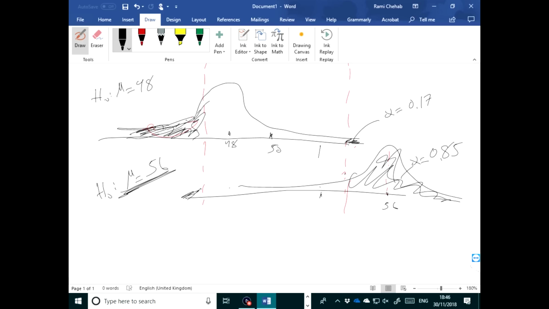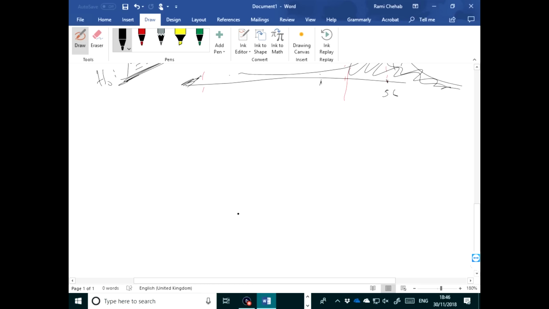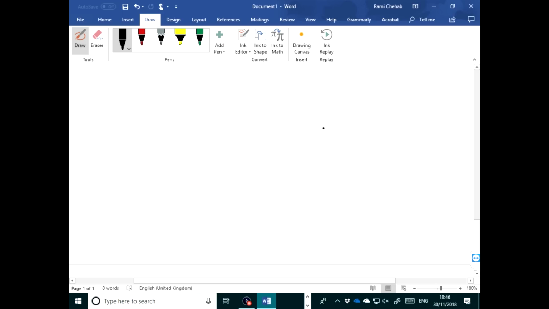So you can see that if I'm going to be plotting the p-value as a function of mu, which is the mean, so this is mu taking the value of 50, 52, 54, 56, and this will be the value at 48, mu equal to 46.